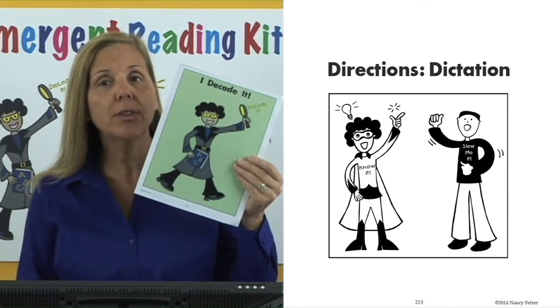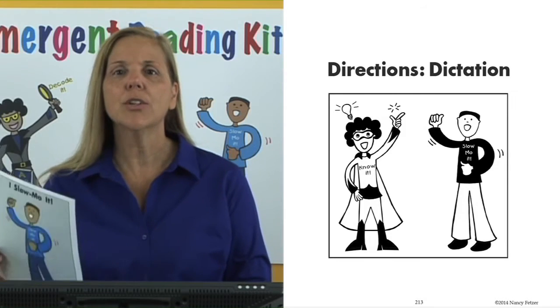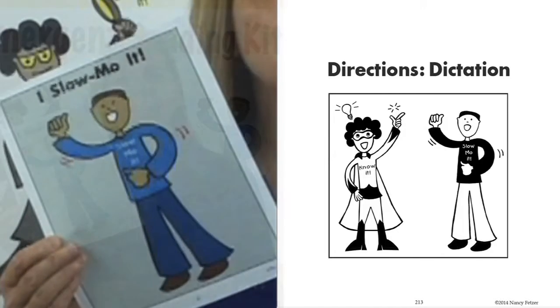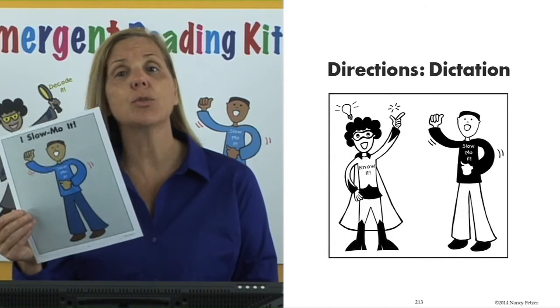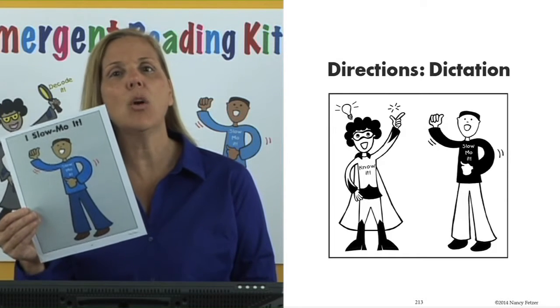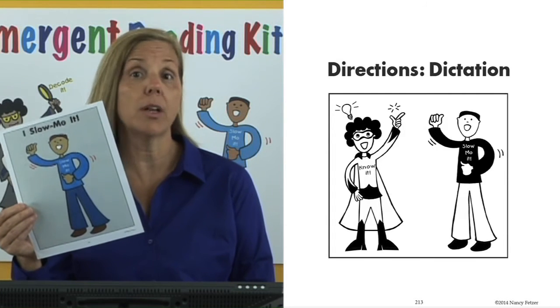That's where they will blend the letters together. But to write CVC words, students are going to use a new strategy, I slow-mo it man. When they have to separate the individual sounds, the phonemes, in a word, identify the letters that match those sounds, and then write them down.